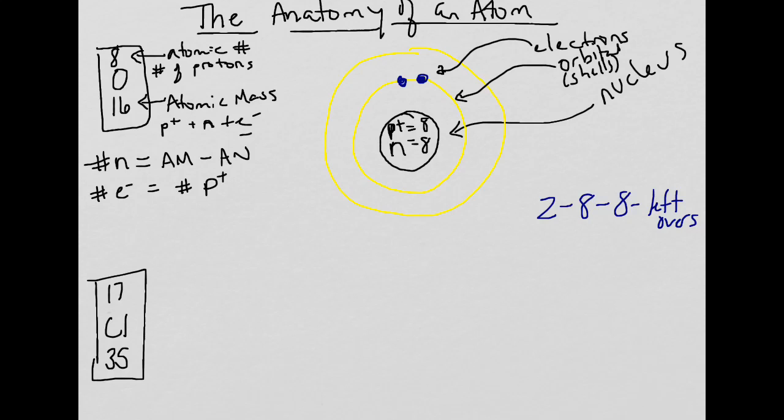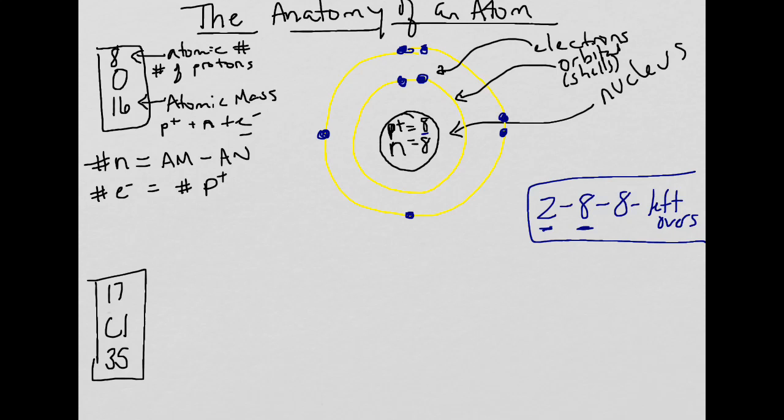Okay, so step back here to where we were. We put 2 in the first shell because that's how many it should get. The second shell is going to get 8. Okay, well we only have 8 electrons, right? If we have 8 protons, we have 8 electrons. So there's 2. Let's finish them up. 3, 4, 5, 6, 7, 8.